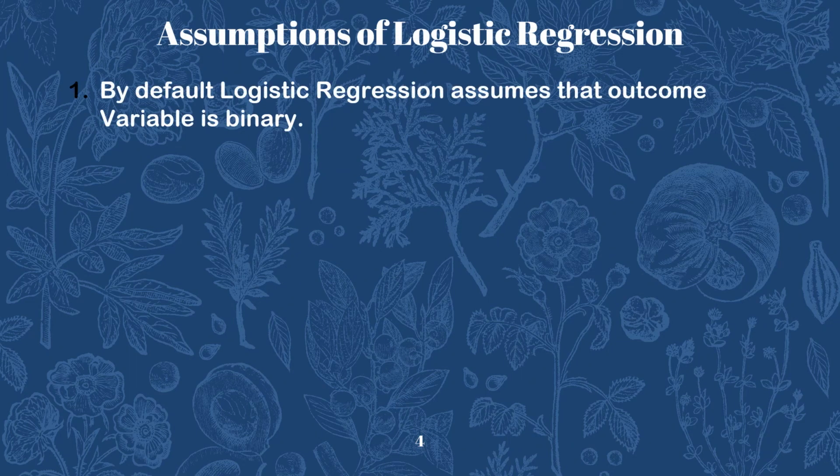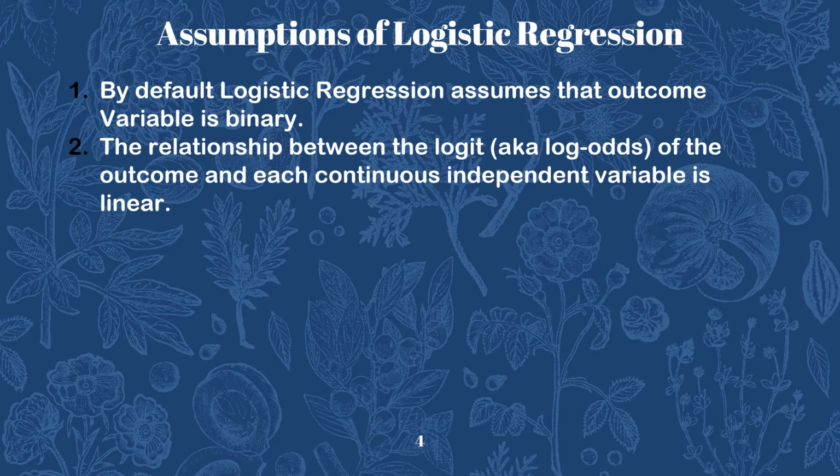So, the first assumption states that by default, logistic regression assumes that the outcome variable is binary. So, we have outcomes like pass and fail, having corona or not, having diabetes or not, only two outcomes. The second assumption states that the relationship between the logit, also known as log odds of outcome, and each continuous independent variable is linear.